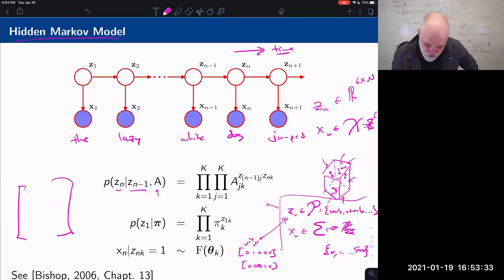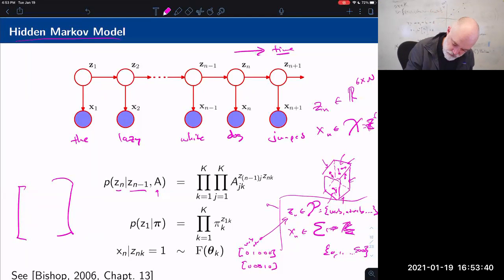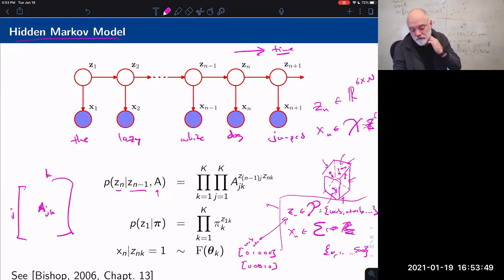Okay. So I guess we'll just do J, K, and in AJK, AJK is the probability of going from whatever the state is at time step J to whatever the state is at time step N. Okay.